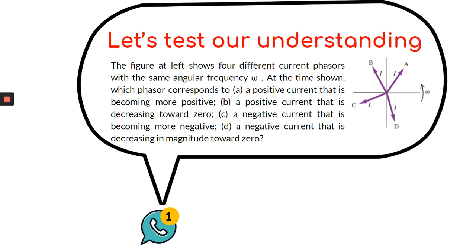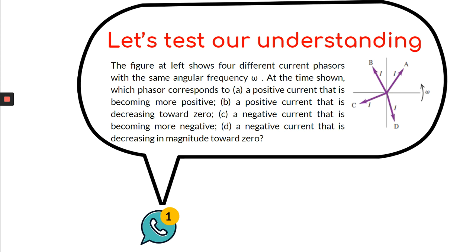And by the rotation of the vector, how does the current change? So the first question is, from these 4 phasors A, B, C and D, which phasor at this particular instant shows that the instantaneous current is positive and is becoming more positive?